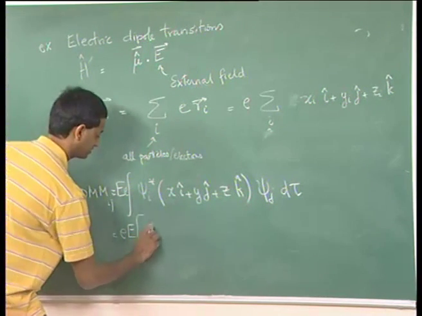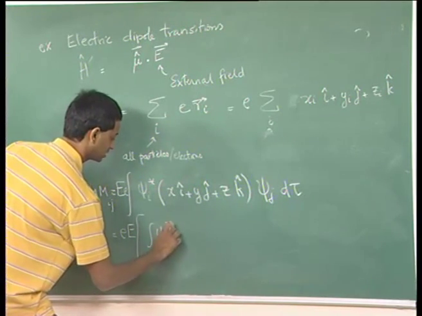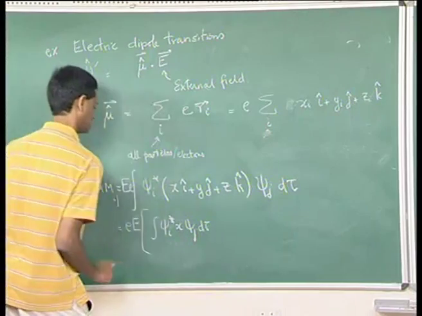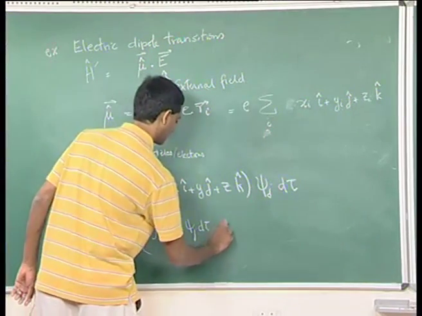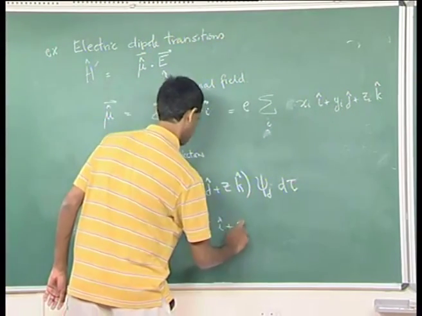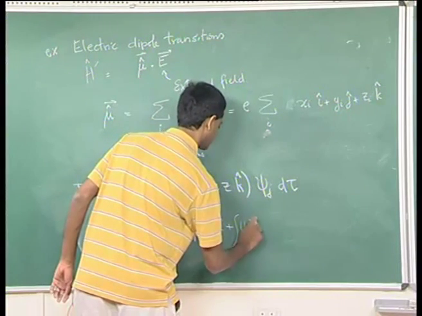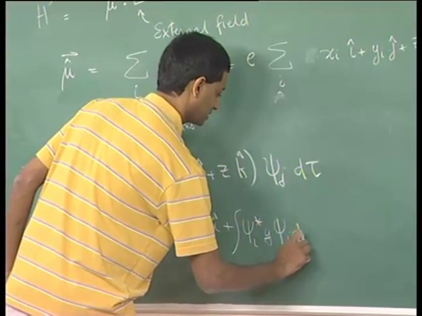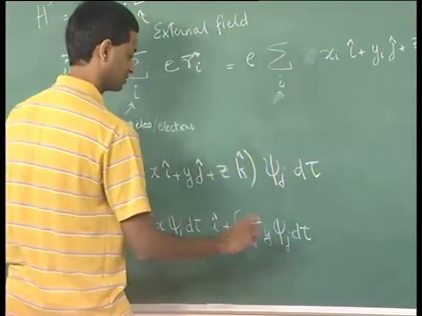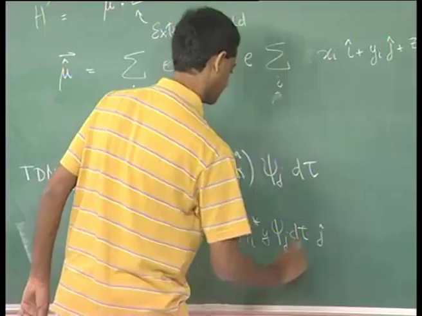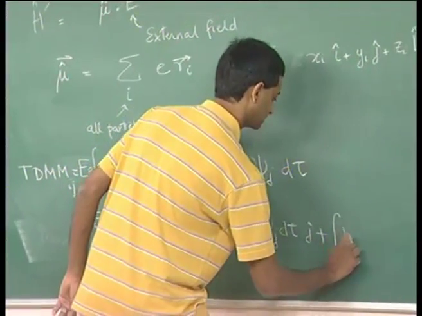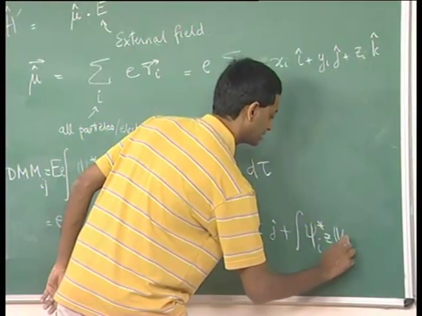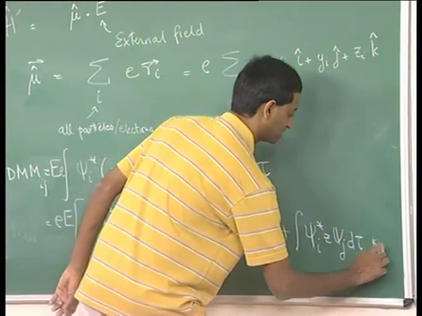The first integral will look like psi i star x psi j d tau, and this thing multiplied by i, plus the integral psi i star y psi j d tau, multiplied by j, plus the integral psi i star z psi j d tau, and this will be multiplied by k.